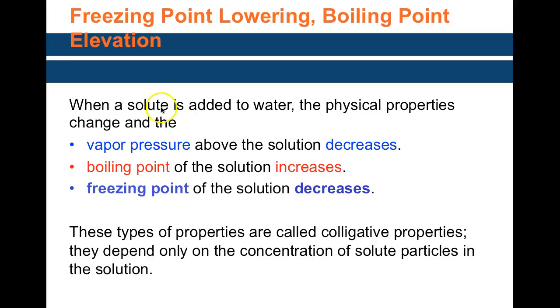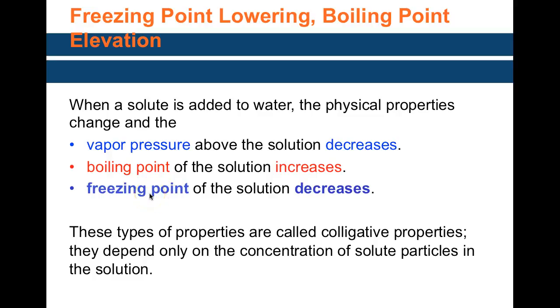So when you add solute to water, the physical properties of water change. Vapor pressure, that is the water vapor that collects above the surface of the water, decreases. The boiling point of the water will go up. The freezing point of water, on the other hand, will come down.